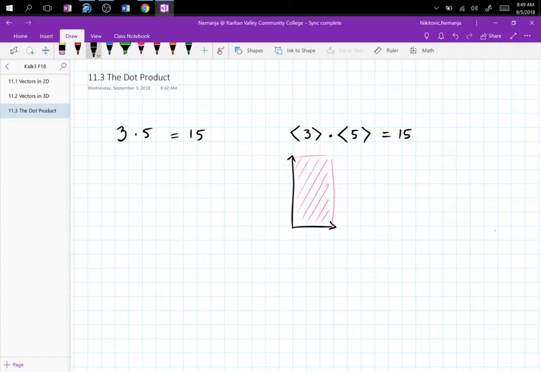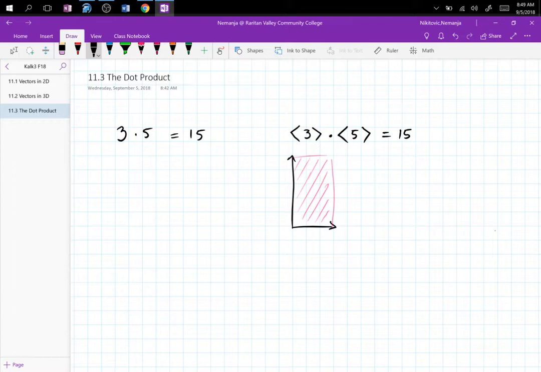So now, what is the dot product? Well, the dot product is going to be multiplication of vectors. But now, since vectors can be in any dimension, this is going to be the multidimensional product.